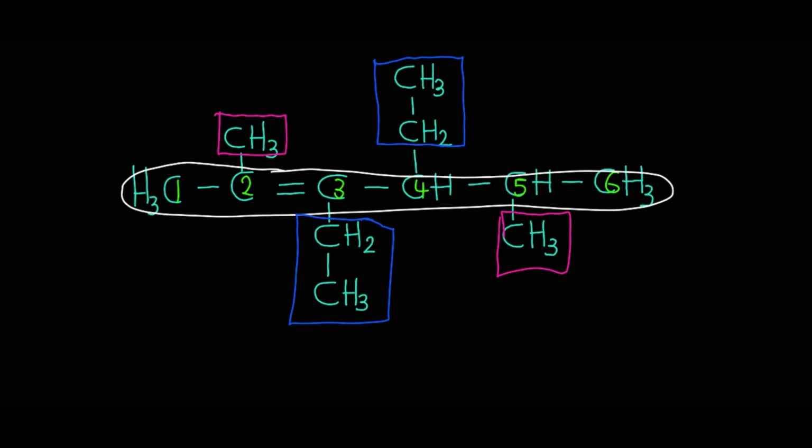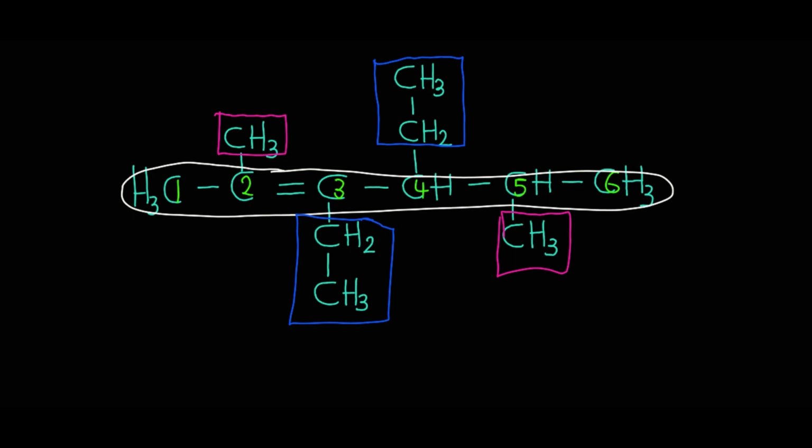So now let's name. Because we have methyl and ethyl at the same time, we look at alphabetical order. It means we have ethyl and methyl, E comes first, so we start with ethyl and then follow with methyl.